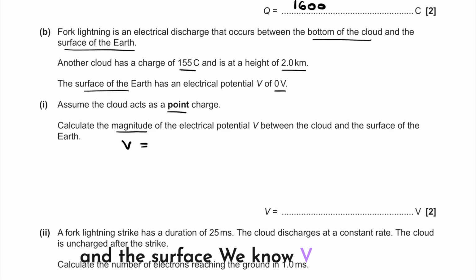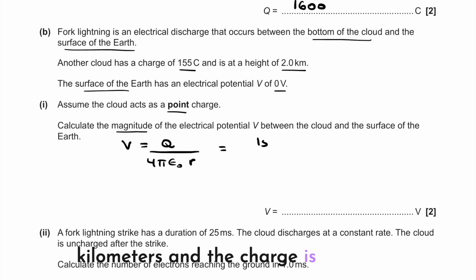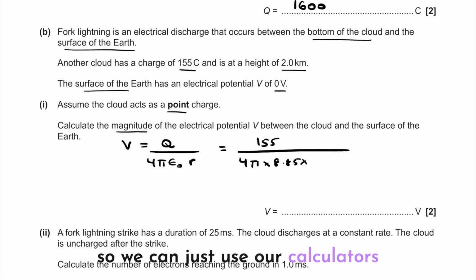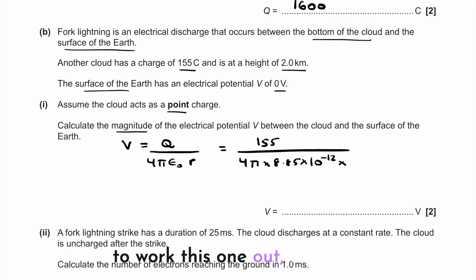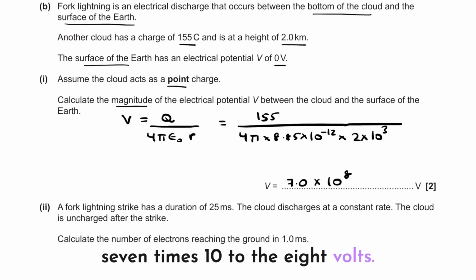We know V equals Q over 4 pi epsilon naught r, where r is 2 kilometers and the charge is provided. We've been given all the information, so we can just use our calculators, and that gives a value of 6.96, or just 7 times 10 to the 8 volts.